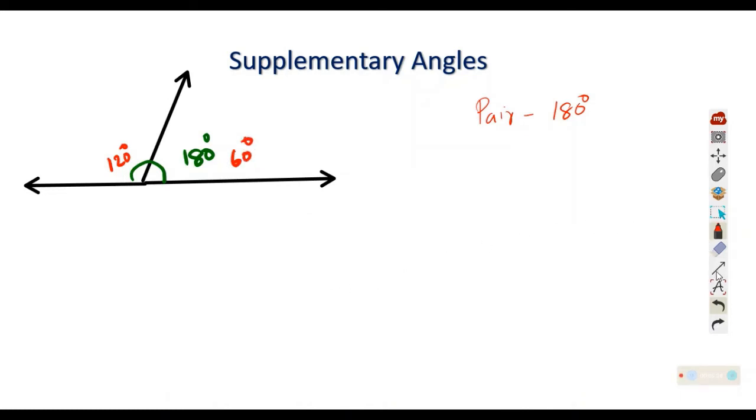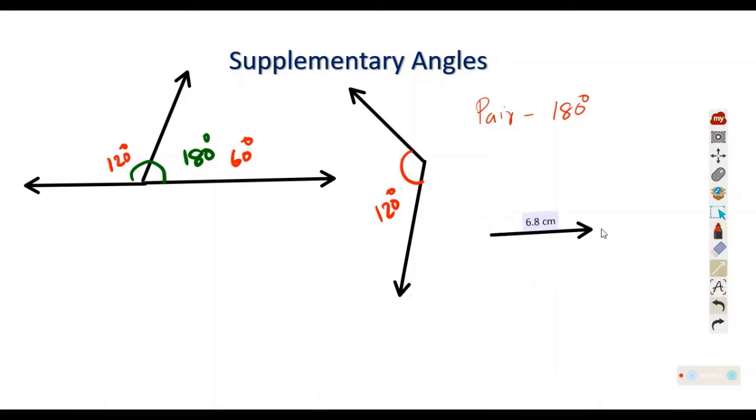Or just like the case of complementary angles, it can be two separate angles, one of this much size, measuring 120 degree, and another angle this way, measuring up to 60 degree.